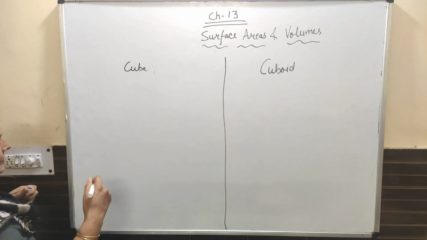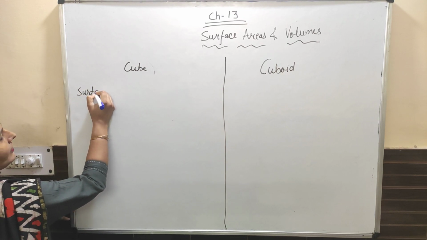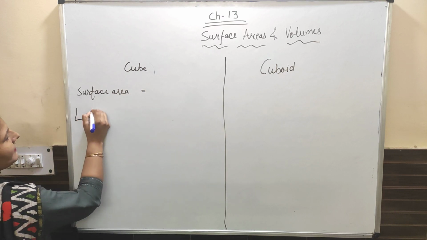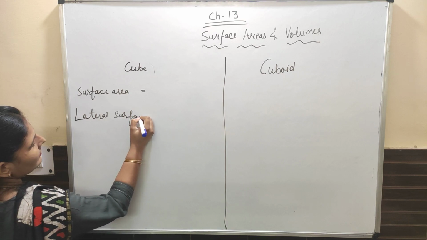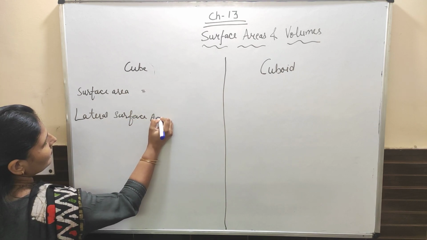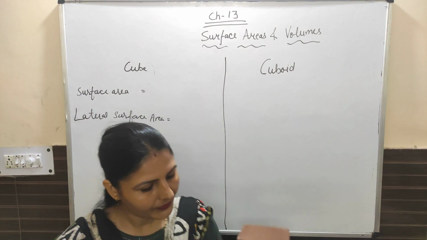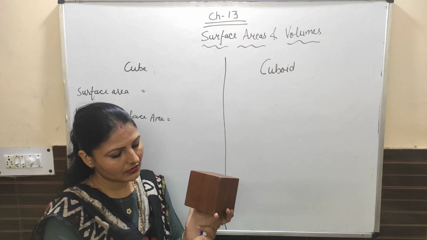How will we find the surface area of a cube? We have to find surface area and lateral surface area for both shapes. See, this is a cube. How many faces does it have?